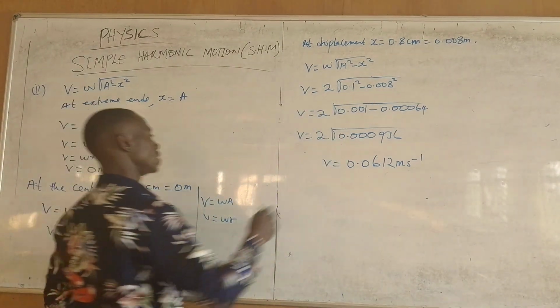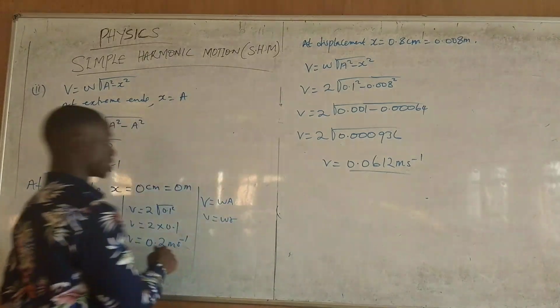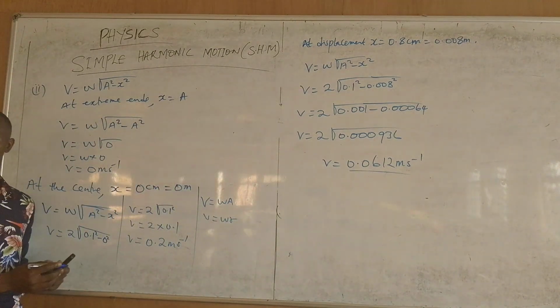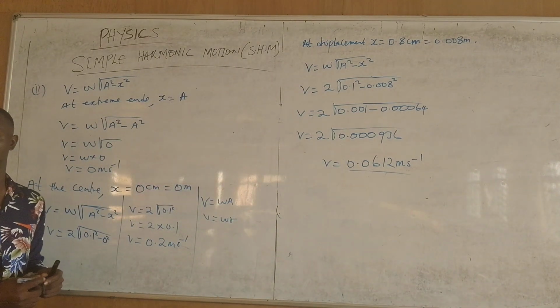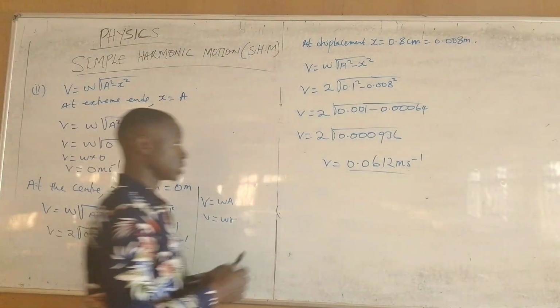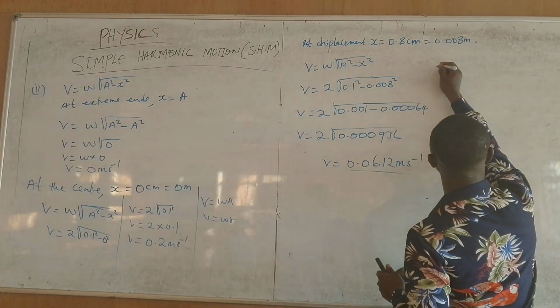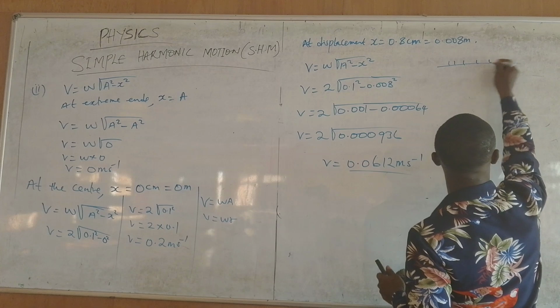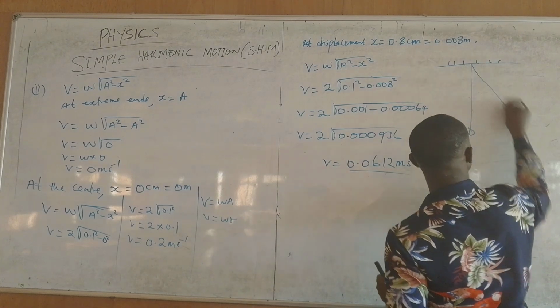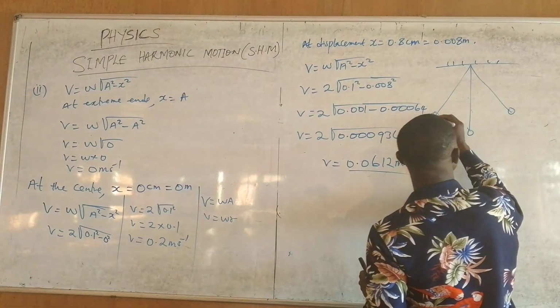So you can see that V is in fact very small compared to the speed at the center, which is the maximum speed. Do you remember the diagram I drew? This is it, and this is it.